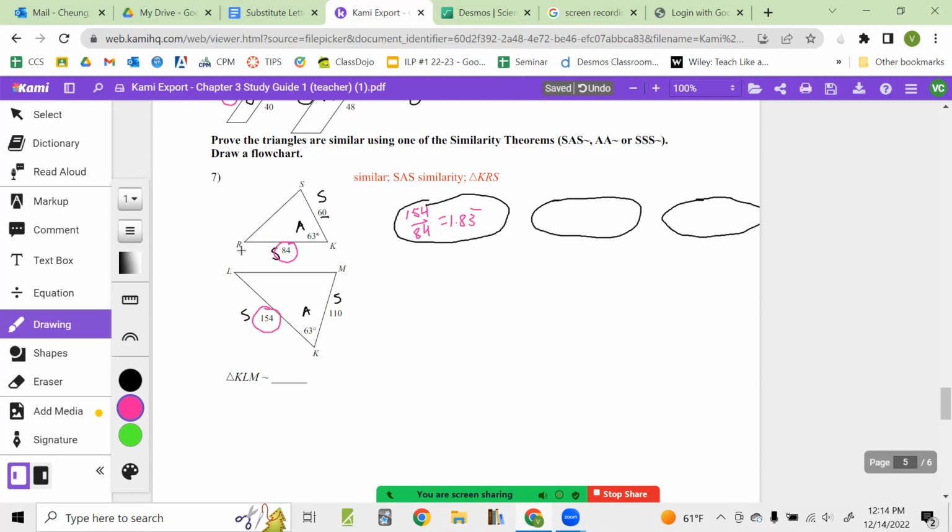Okay, now the A part, are the angles the same? Let's look. This 63, is that the same as the other angle they give us? Yes, they are both 63.